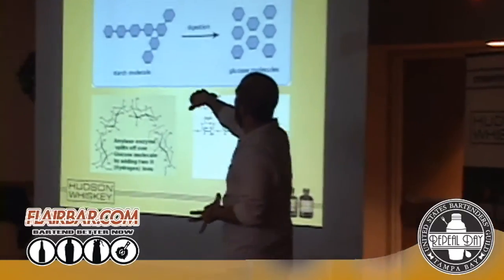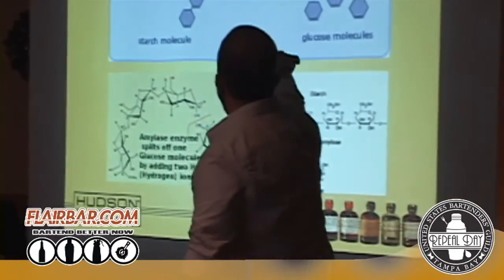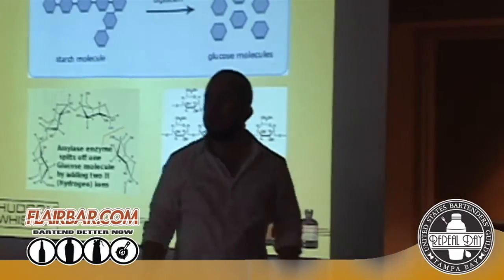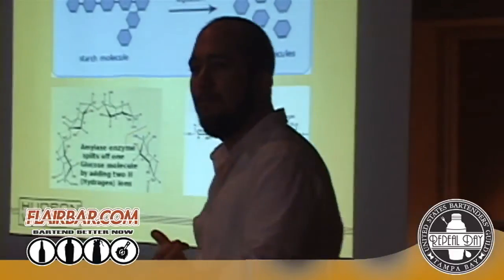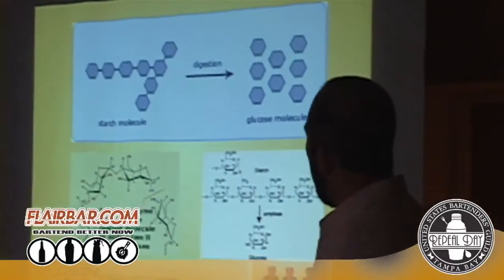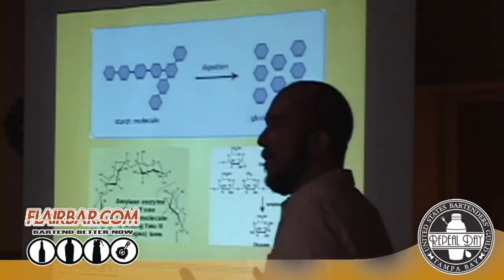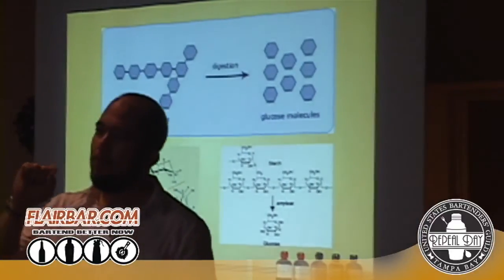So we've got the starch molecule, which is a complex carbohydrate, and we've got to break down these bonds so that we can get the individual sugars. And there are two types of amylase, these enzymes that we're using that occur naturally through malted barley, or that you can buy. There's an alpha and a beta amylase enzyme, and both are doing different things.